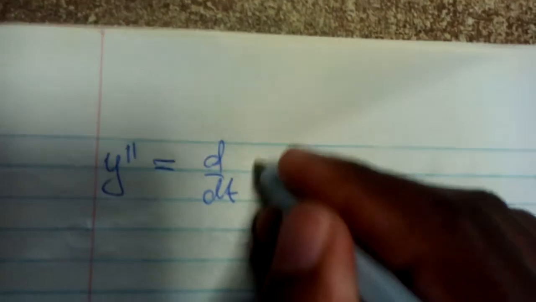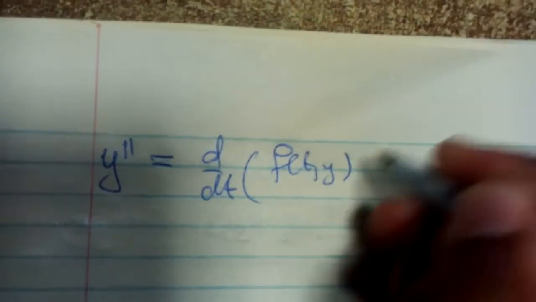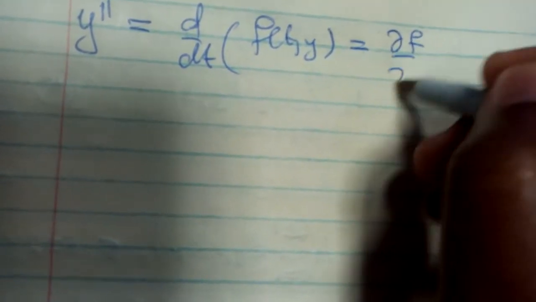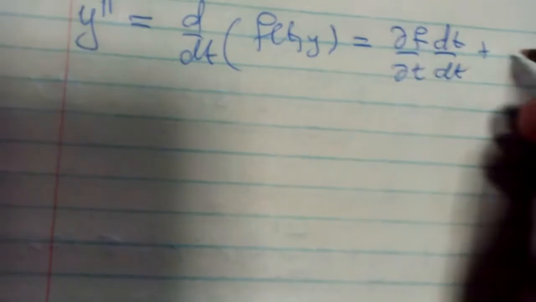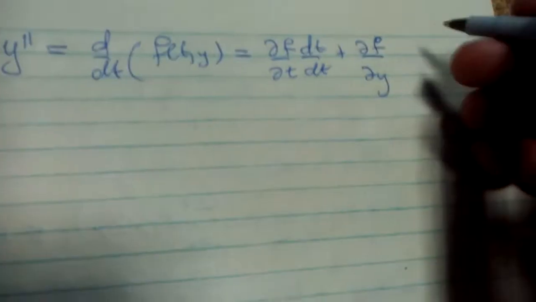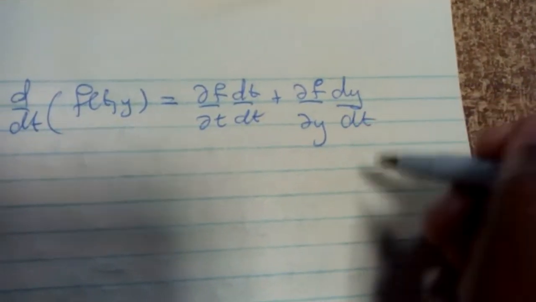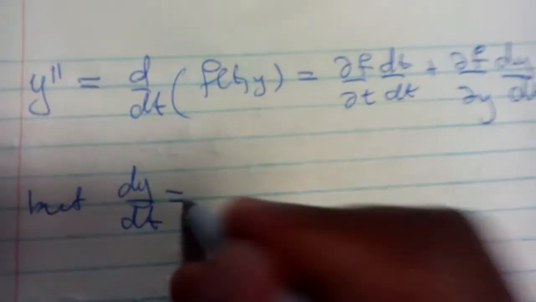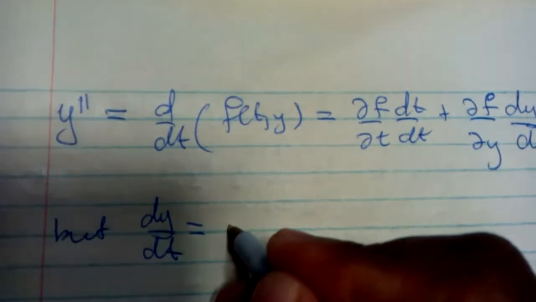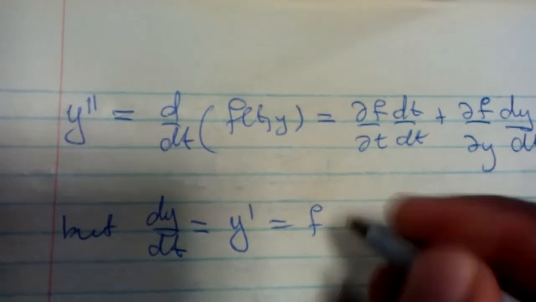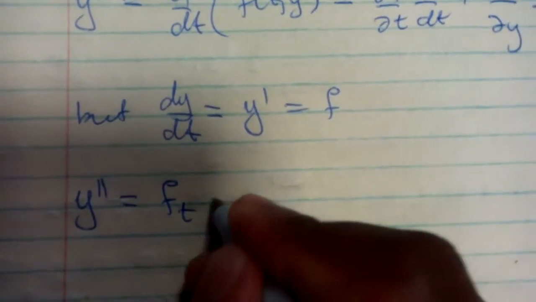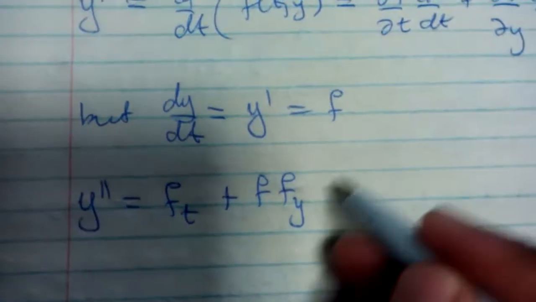This is given by what? d/dt of your f(t, y), so that using the chain rule, this gives me partial f partial t dt/dt plus partial f partial y dy/dt. But dy/dt is equal to what? y prime, which is equal to f, so that my y double prime is nothing but f_t plus f f_y.